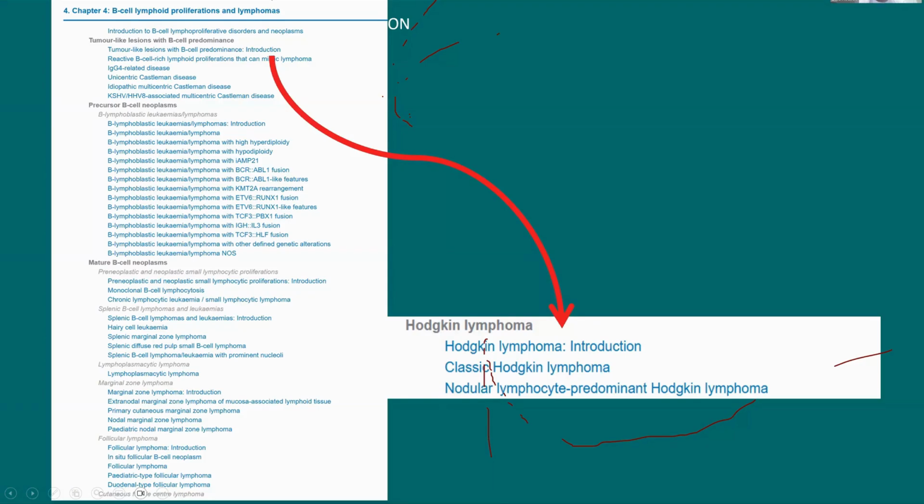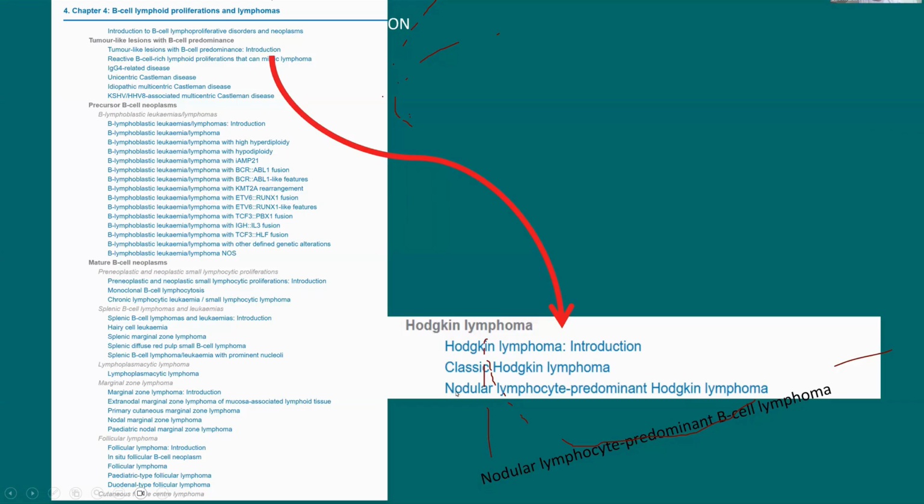And here it's worth mentioning that they are 2 different entities, 2 biologically different diseases. Nodular lymphocyte predominant Hodgkin lymphoma tends to have a better prognosis, the disease survival rate is higher, and the staging at the time of diagnosis is lower.